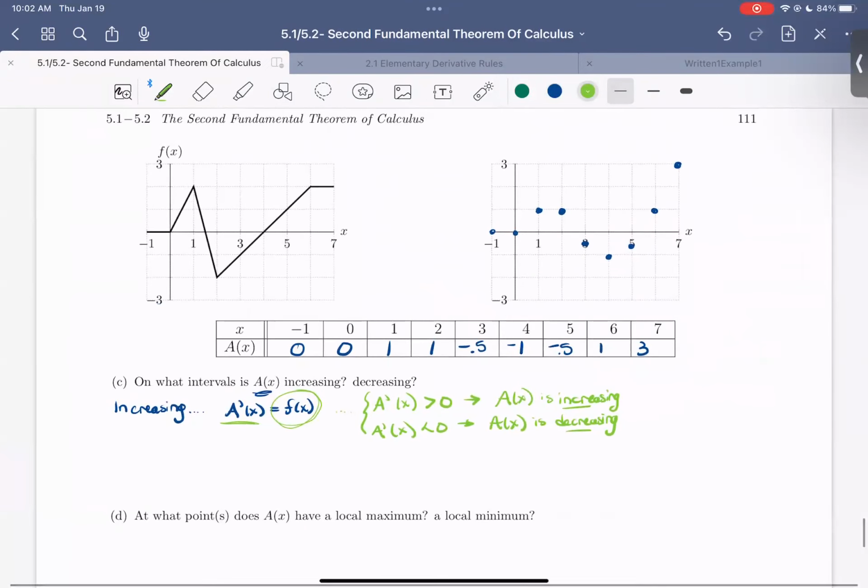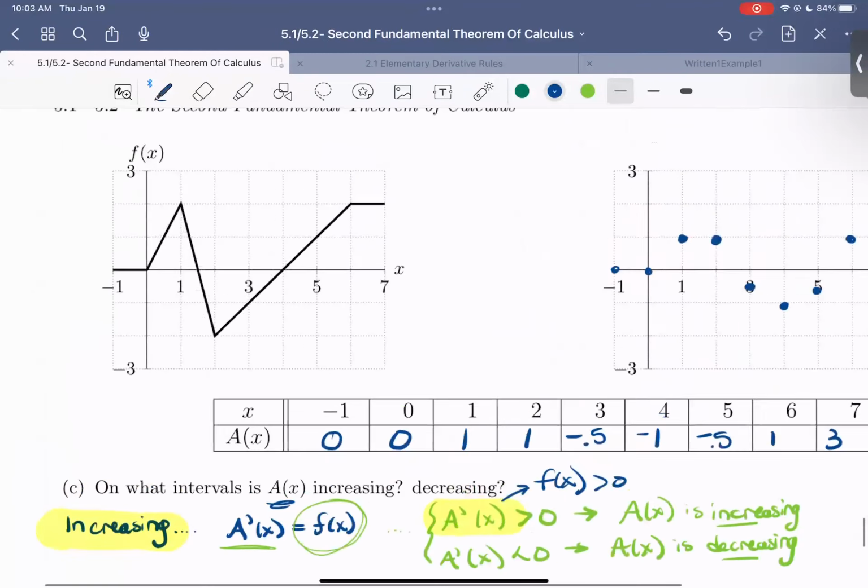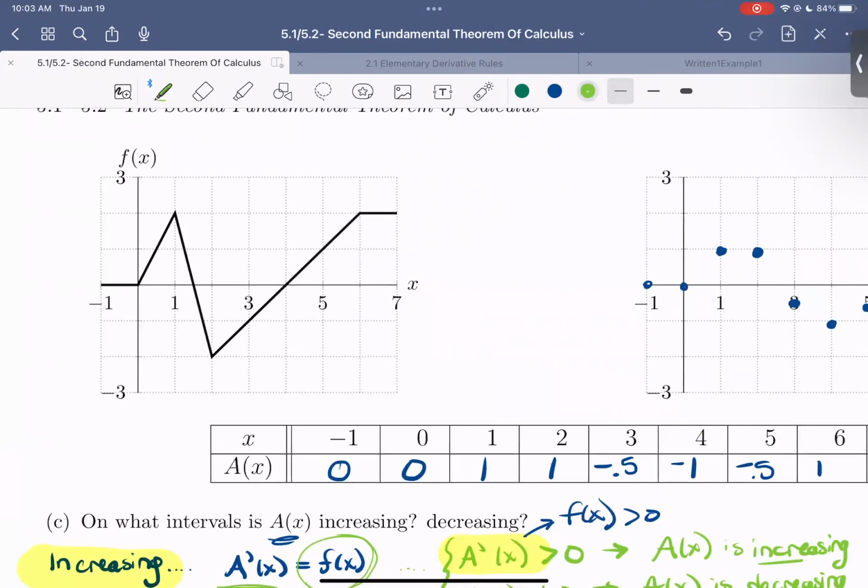So to determine increasing, we need to look for when our derivative, which let's just recall to really bring it home, is f of x, is positive. So where is f of x positive? We see that f of x is positive along this part of the graph and this part of the graph.